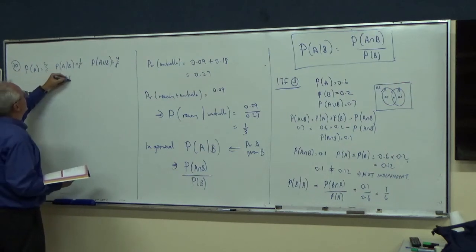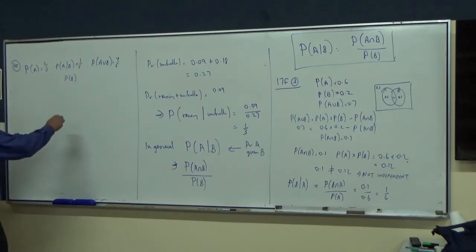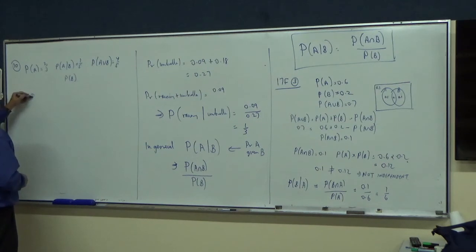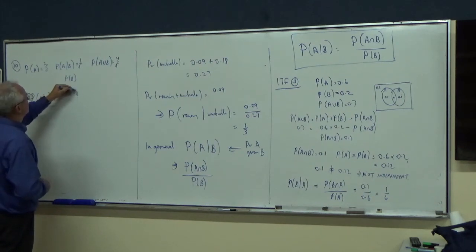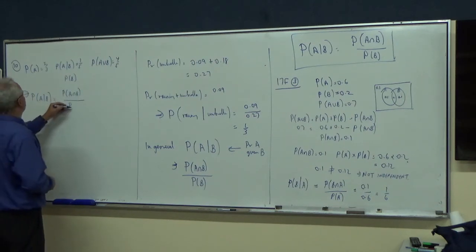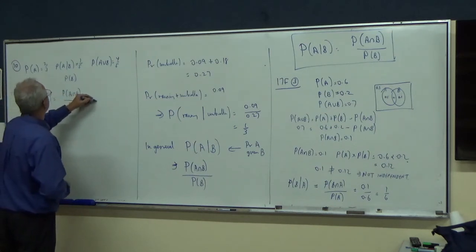We want the probability of B. Okay. So, presumably quite a tricky one. So probability of A given B is the probability of A intersection B over the probability of B, and that's equal to 1/5.